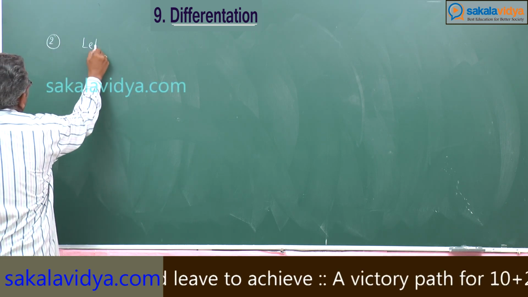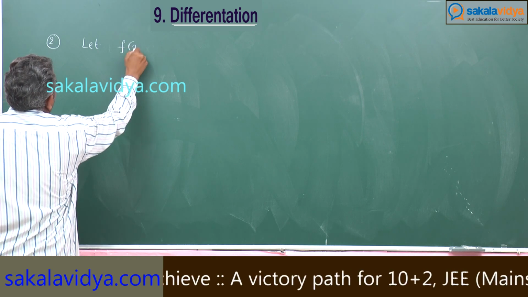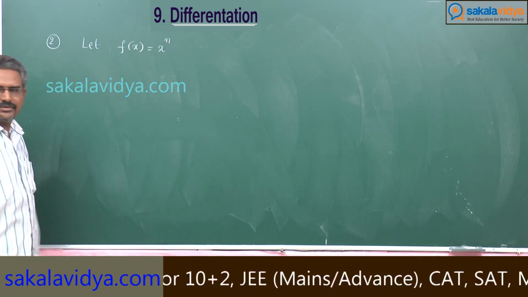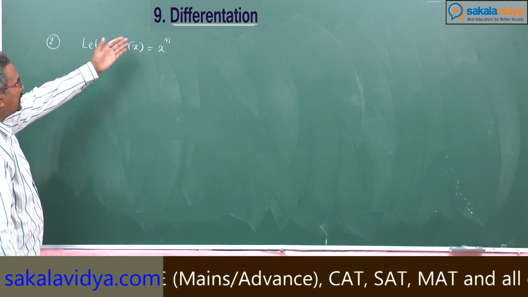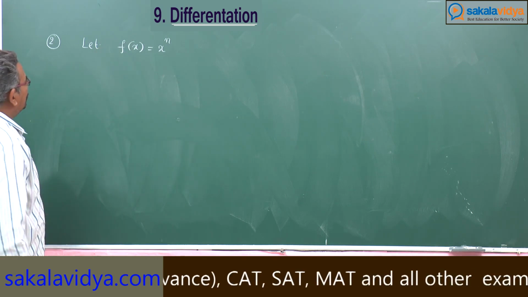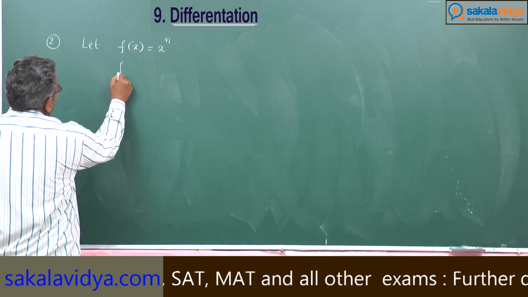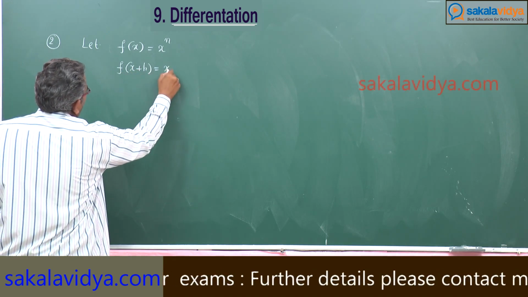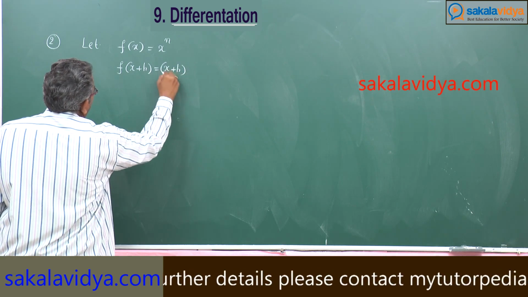More. Let us suppose f of x is equal to x to the power of n. What is the derivative of x to the power of n? n is a real number. First find f of x plus h. This we can write x plus h whole to the power of n.